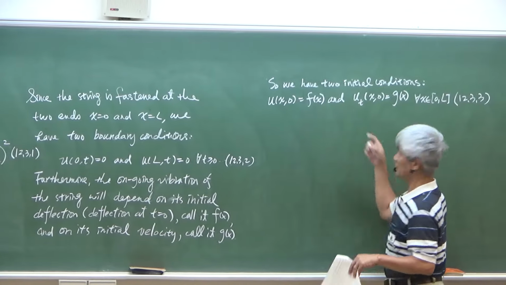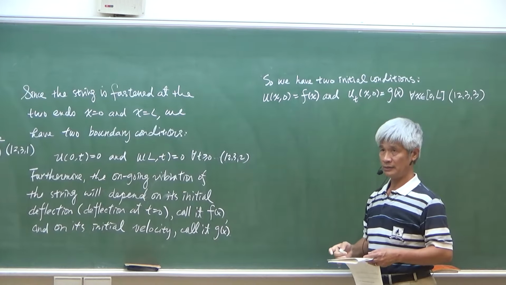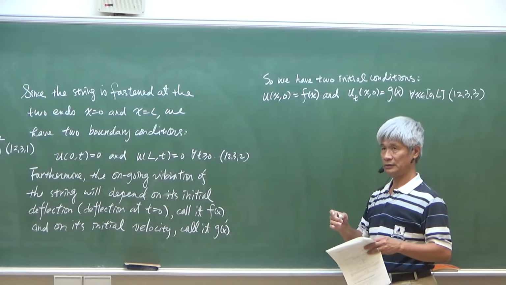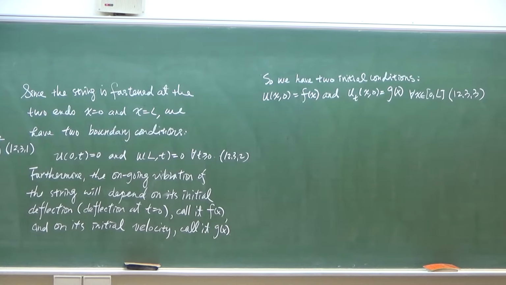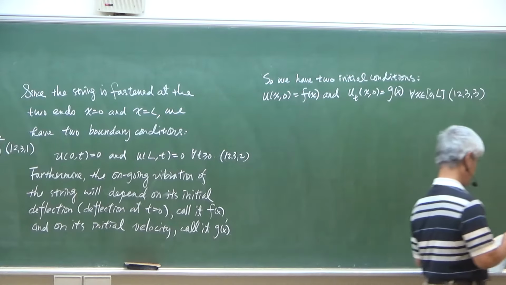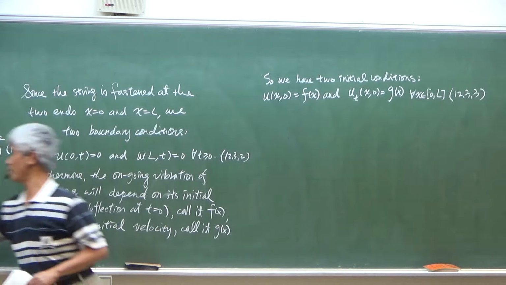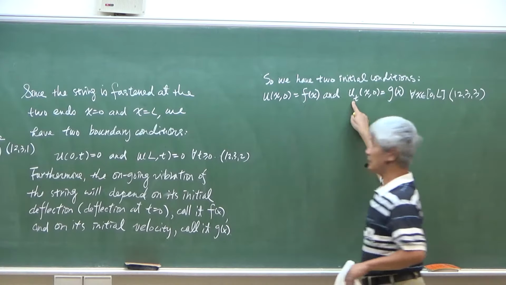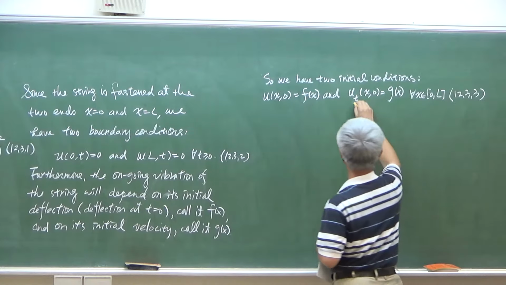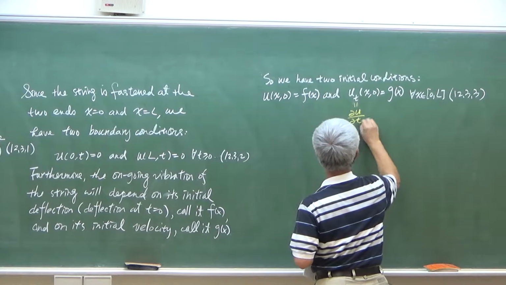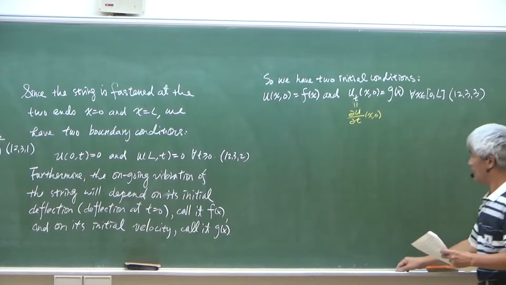And we have two initial conditions to describe the initial deflection as well as the initial velocity of the deflection. Any questions? This is the first partial derivative of u with respect to t, right? You know that.